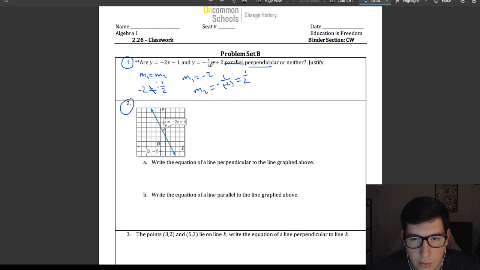But that's not the case, right? Because we have a negative 1 over 2 for m2. We don't have a positive. So it means that they're not perpendicular either. So really when we're looking at these two lines, they are neither parallel nor perpendicular, because their slopes are neither equal nor are they negative reciprocals. Because if they were negative reciprocals, this is what m2 would have to be, and that's just not what we see here.